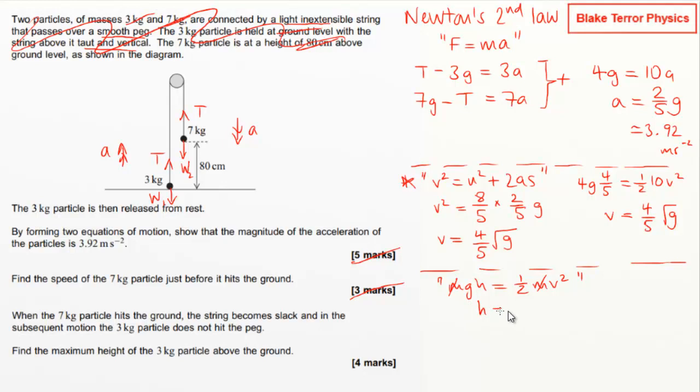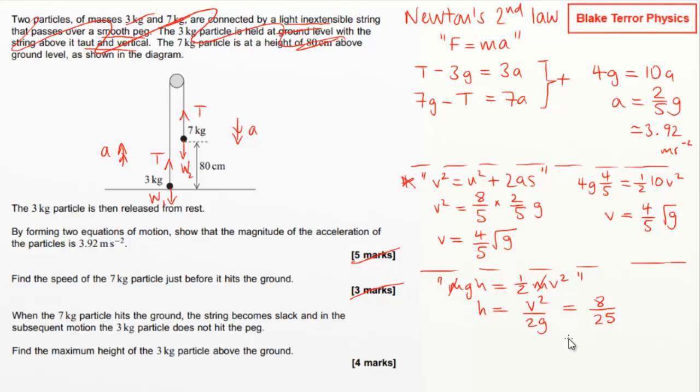So this extra height is going to be v squared over 2g, which is going to be equal to, well, v squared is 16 over 25, and then the g's will cancel. So 8 over 25 is what we're adding on there. That's our extra h.